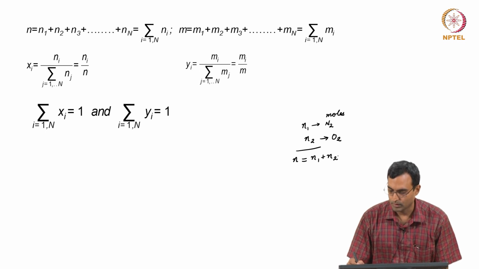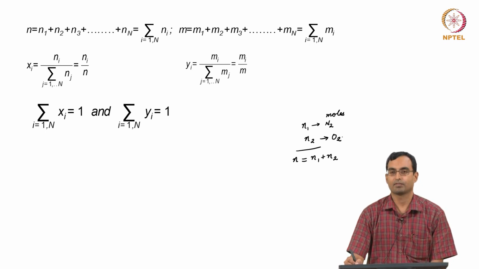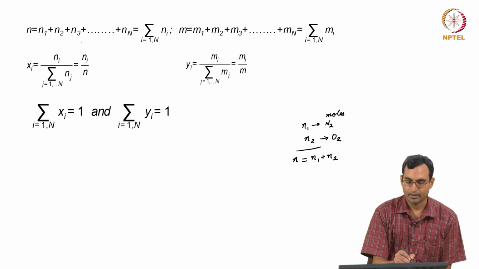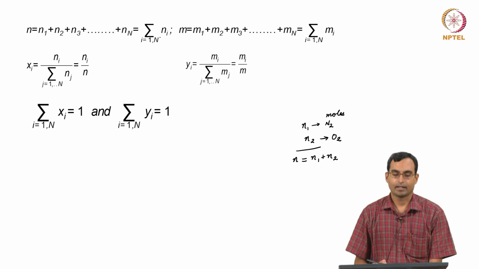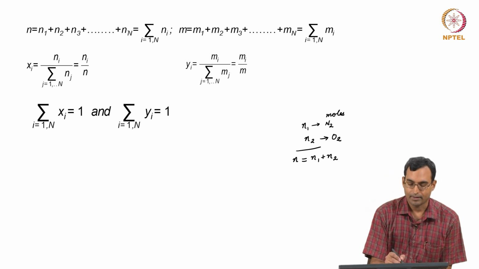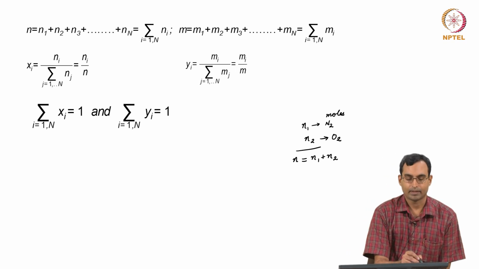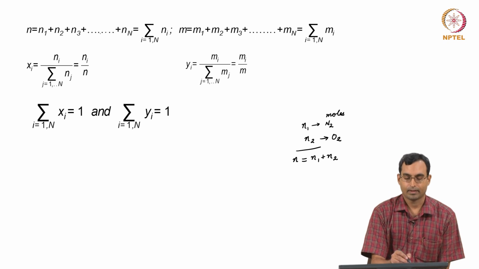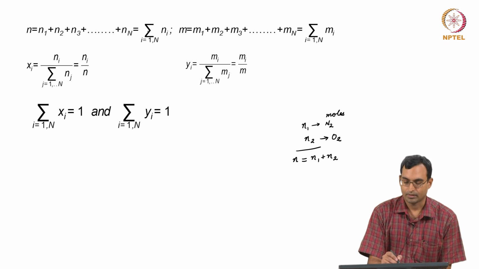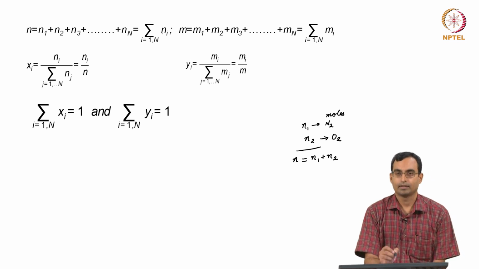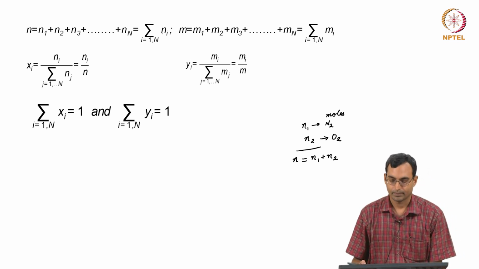The total number of moles would be the number of moles of nitrogen plus the number of moles of oxygen, which is essentially given in this formula for a mixture of any number of gases. If I had some capital N number of gases, the number of moles will be n1 plus n2 plus n3 and so on up to n sub capital N, which is equal to the summation over ni, where ni is the ith species.